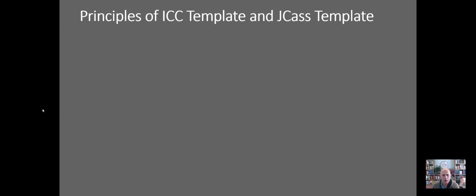Now let's look at the principles of the ICC template and the JCass template for adding and checking data. The principle is the same as with the DMS deterioration model setup file.